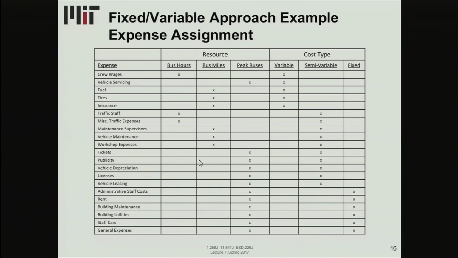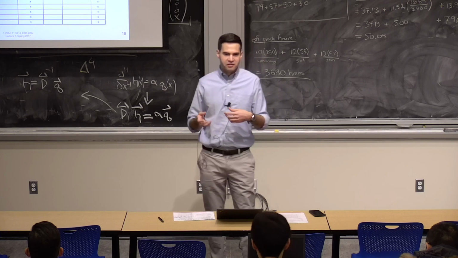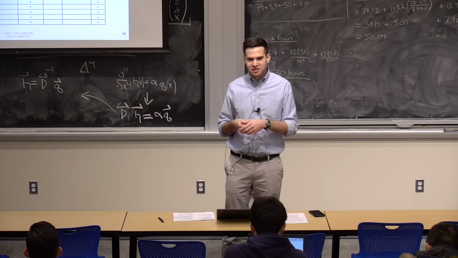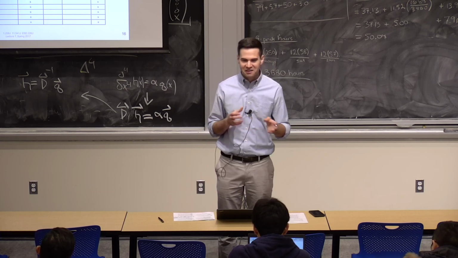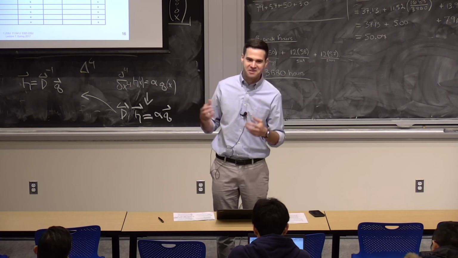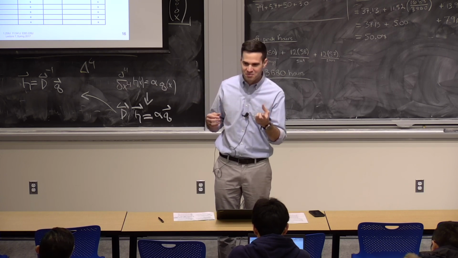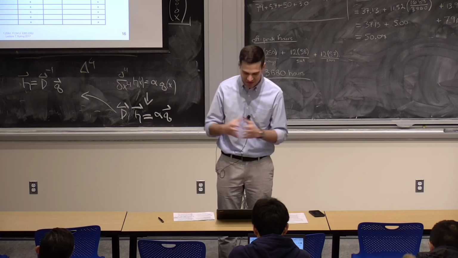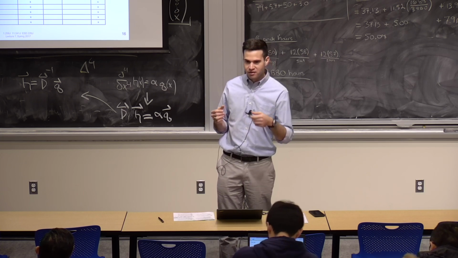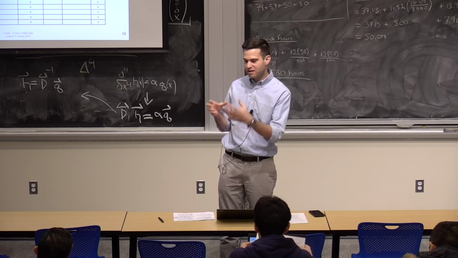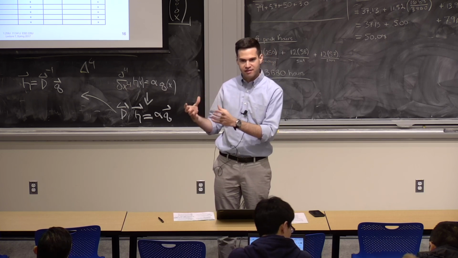So publicity, well, semi-variable because to the extent that you increase service, there's going to be some amount of additional publicity. There's not going to be necessarily a linear proportion increase, as in we add one more bus, then you have that much more marketing or publicity expense. Some of those expenses are having an office and staff, so some salaries.